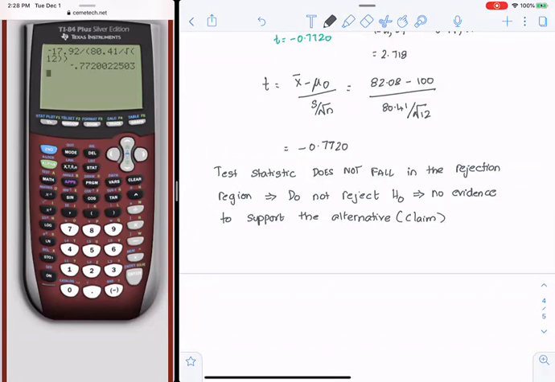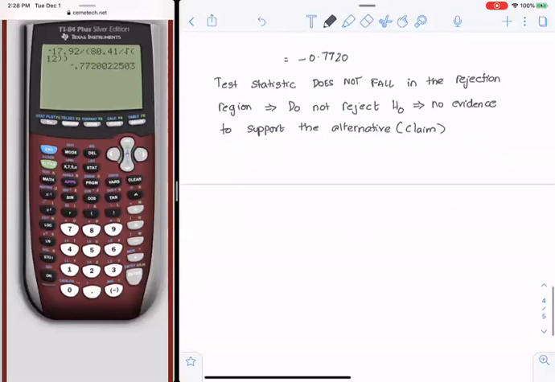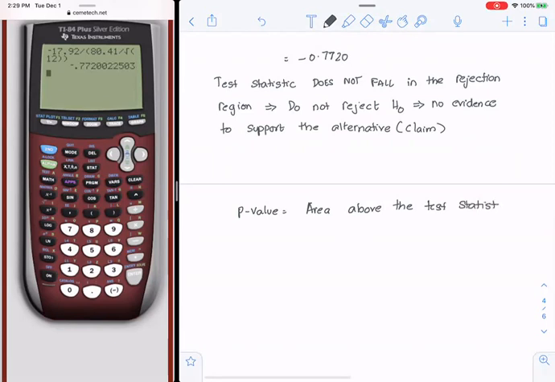We can obtain the same conclusion by using the p-value method. The difference here is the p-value is the area above the test statistic. So for a left-tail test, the p-value is the area below. For a right-tail test, it is the area above.